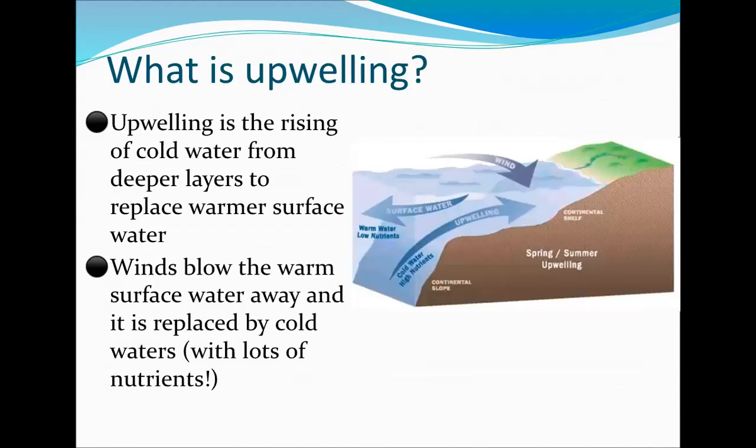One of the last things that we're going to mention today is upwelling. It is the rising of cold water from deeper layers to replace warmer surface water. So upwelling is coming from the bottom, and it's replacing those warmer surface waters. Winds blow the warm surface water away, and it is then replaced by those cold waters that are found deep below, and they contain lots and lots of nutrients.